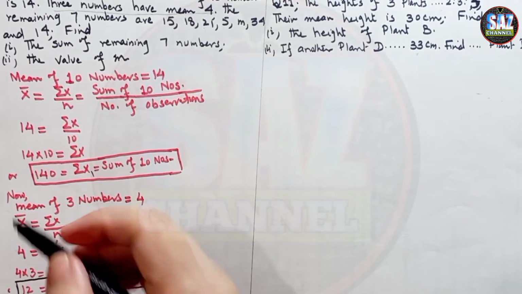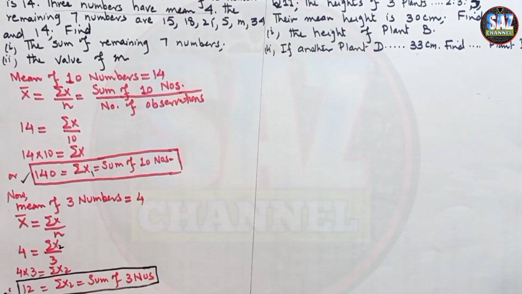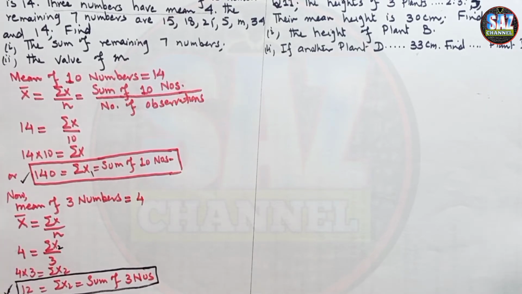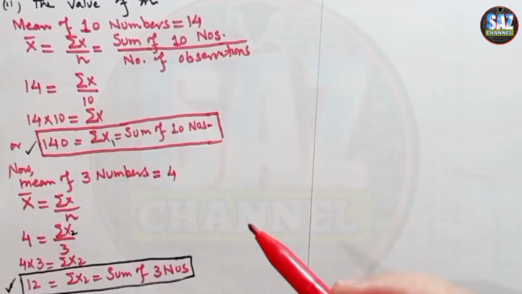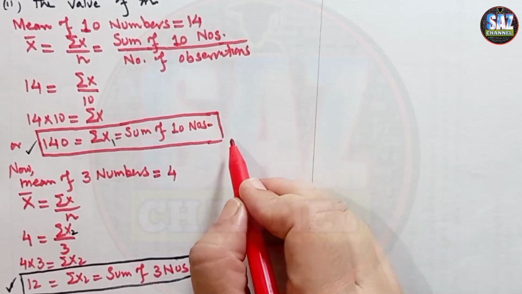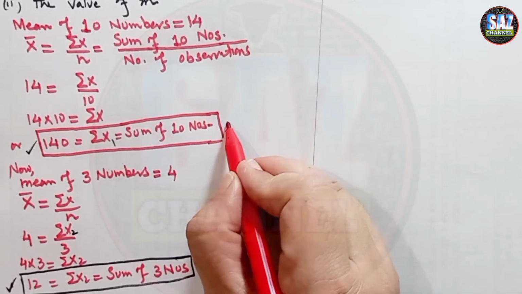We have the sum of 10 numbers with us, and the sum of 3 numbers with us. We will be taking away the sum of 3 numbers from the sum of 10 numbers, and we'll be getting the answer for that part.